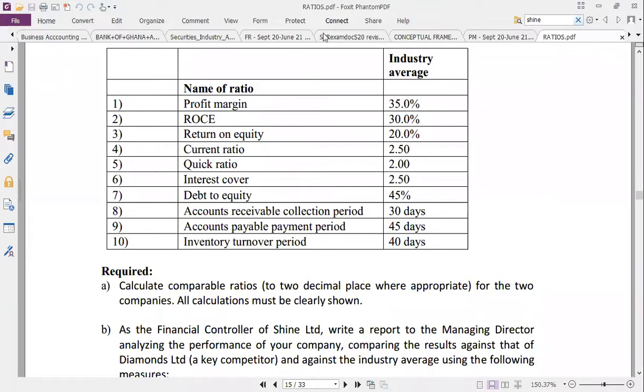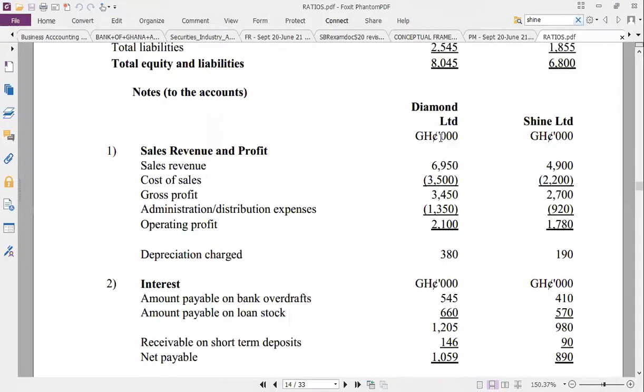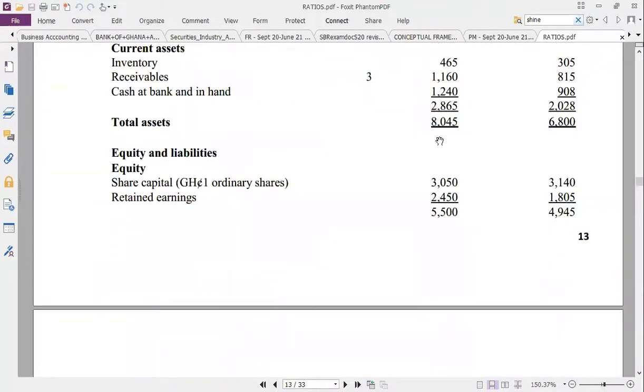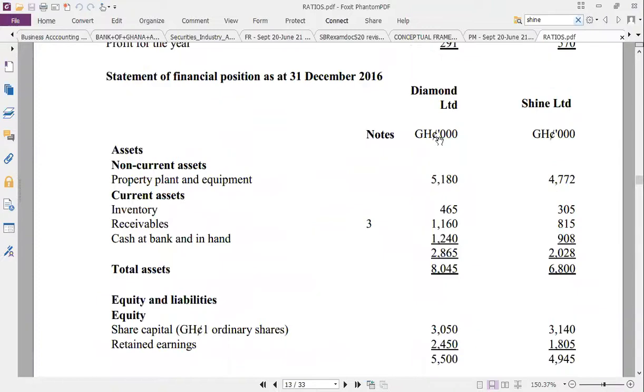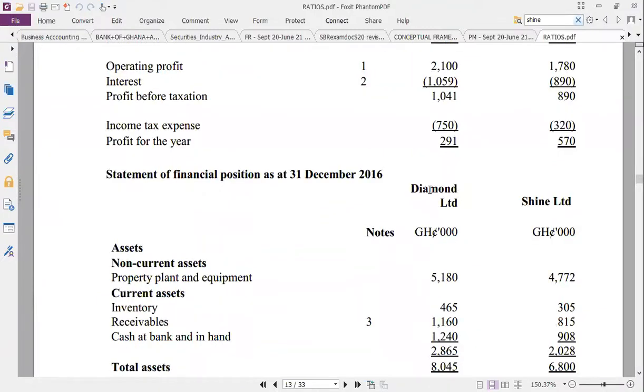Okay. So let's start the game. So Diamond and Shine. We call it Diamond, then Shine. Okay. So this is how the solution will be.